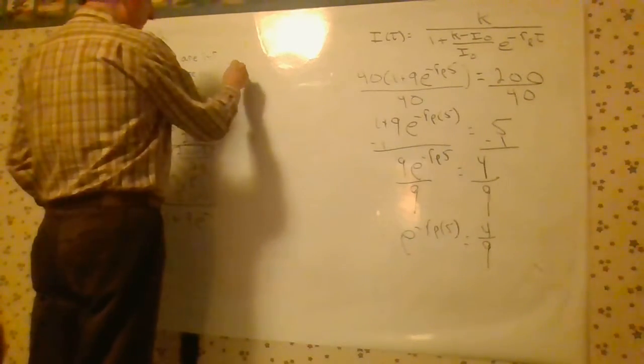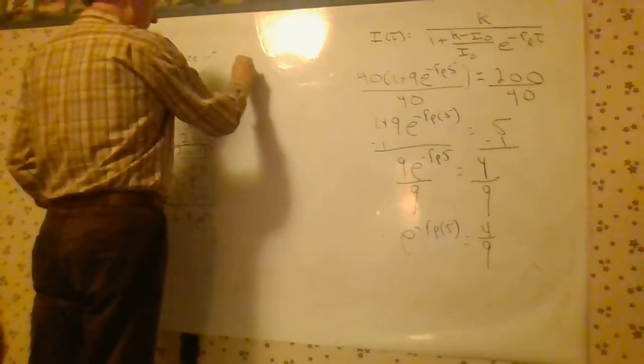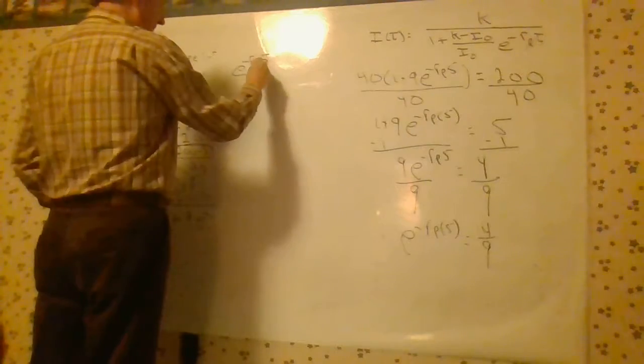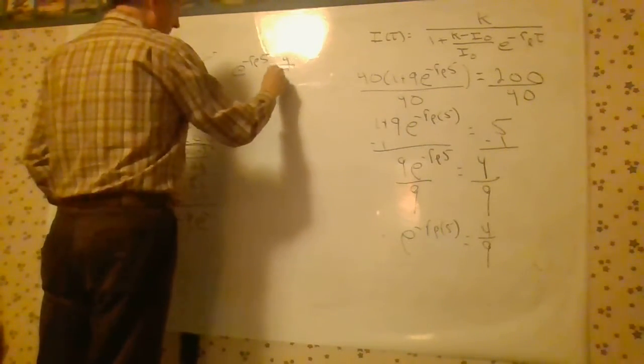We kind of ran out of room there, but that's okay. Let's bring that up here. e to the minus R_L times 5 is equal to 4/9.